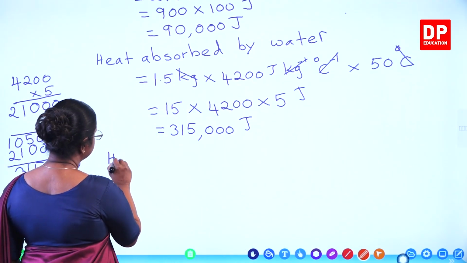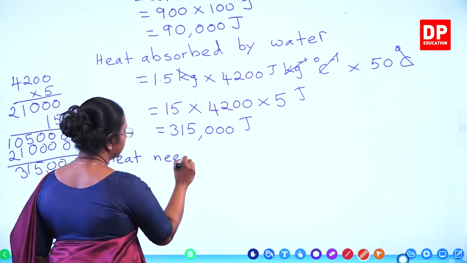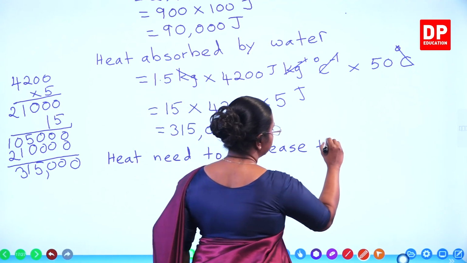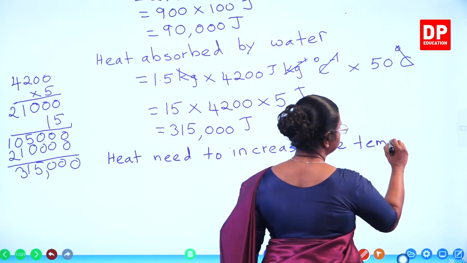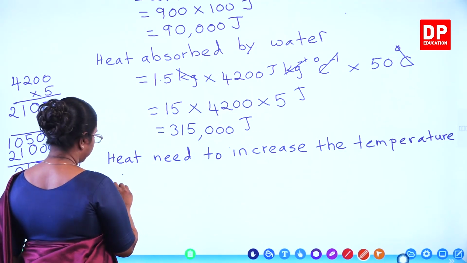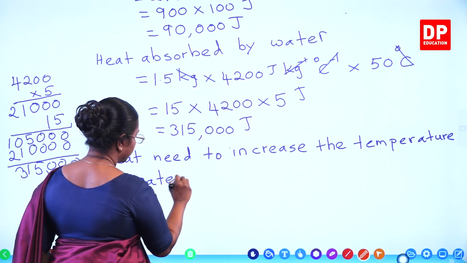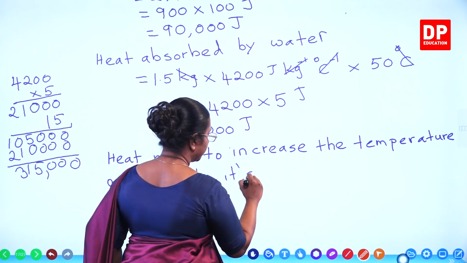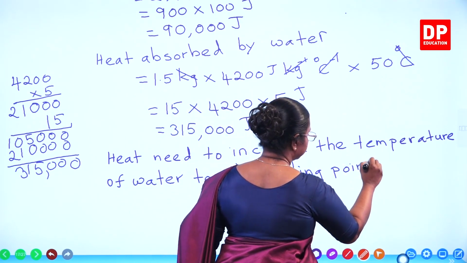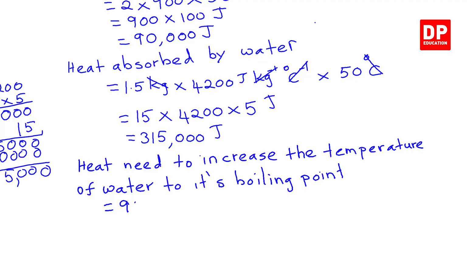So here, heat needed to increase the temperature of water to its boiling point is equal to 90,000 joules plus 315,000 joules.